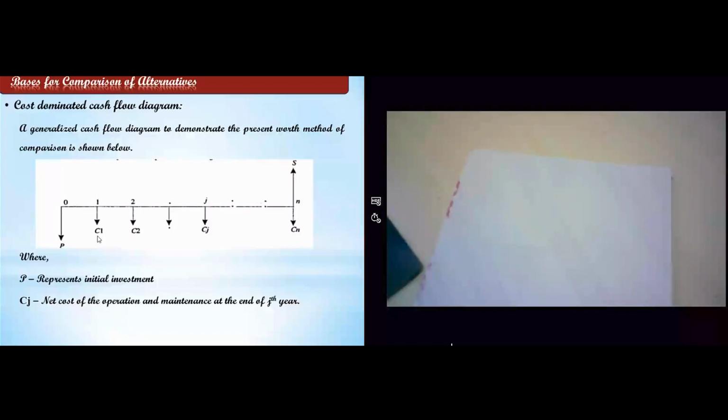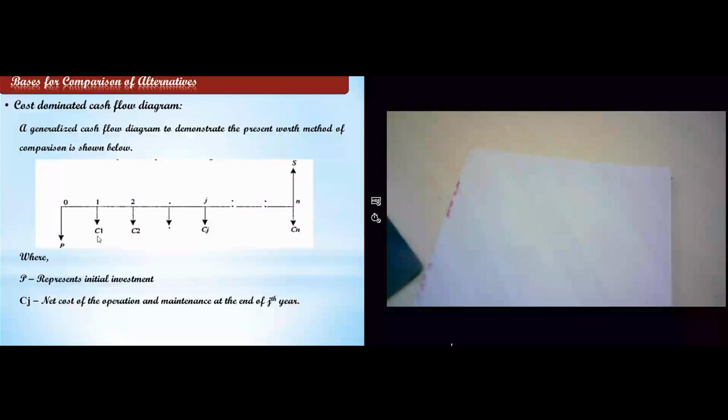C1 is the operation and maintenance cost at the end of year 1. Then C2 is the cost at year 2. Cj is the operation and maintenance cost at year j.